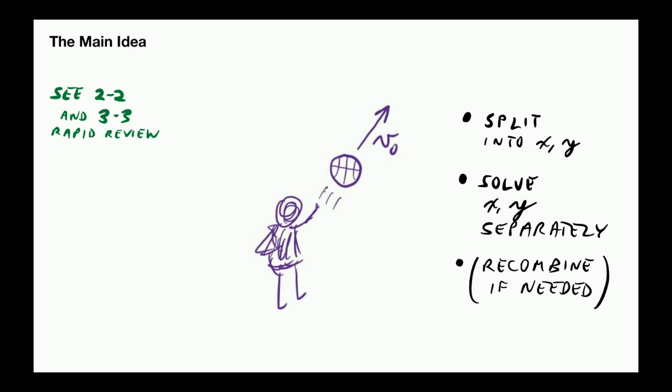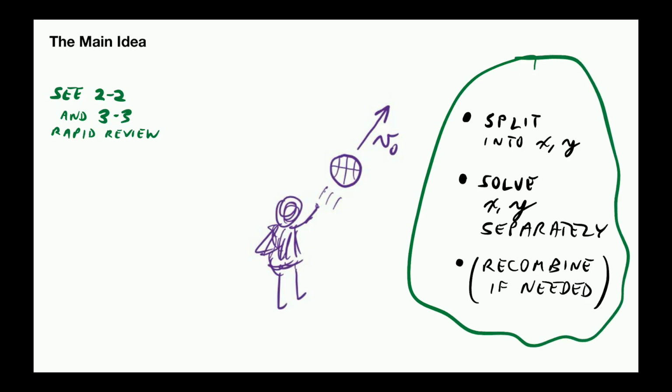You will see that the whole main idea for projectiles, circle it here on the right, the strategy is to split a problem into its X part and its Y part. That's step one. Step two is solve separately: solve the X problem, solve the Y problem.